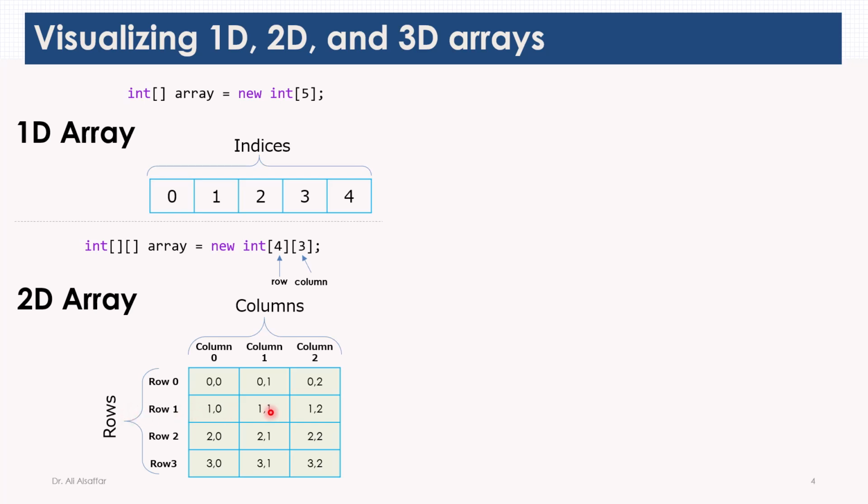For this row, row number 1, in the first dimension its index is 1. In the second dimension, its index is 0. For the next entry, the index of the row is 1 and the index of the column is 1. Now if we go to the last number here, 3, 2, that means the index of this entry inside the first dimension is 3, and in the second dimension it is 2. So this is how we reference indices in a tabular form. The first dimension is the row and the second dimension is the column.